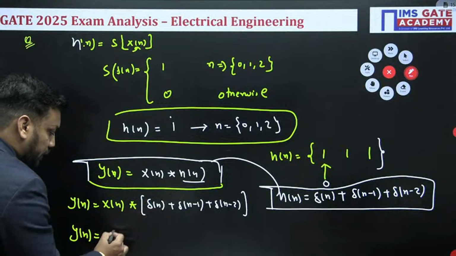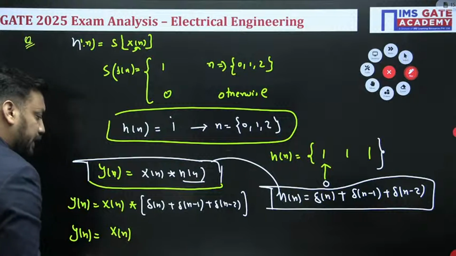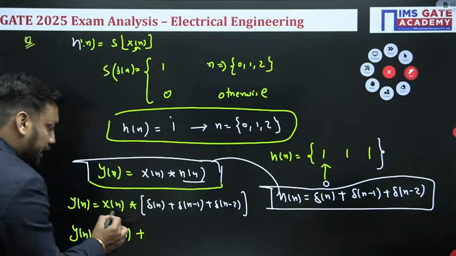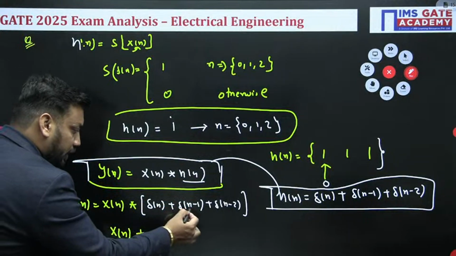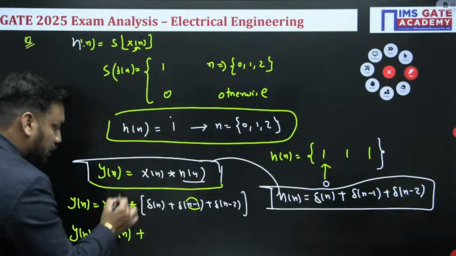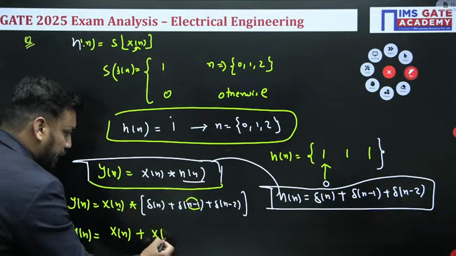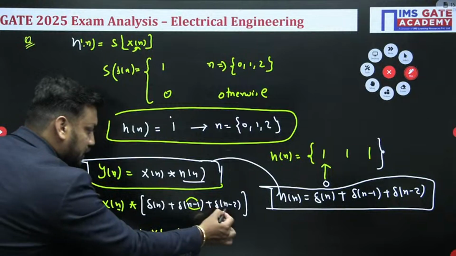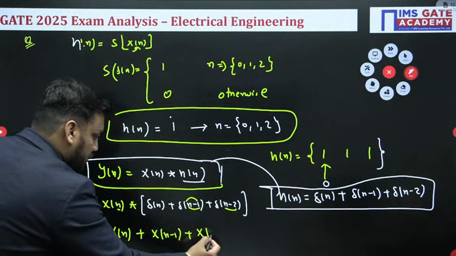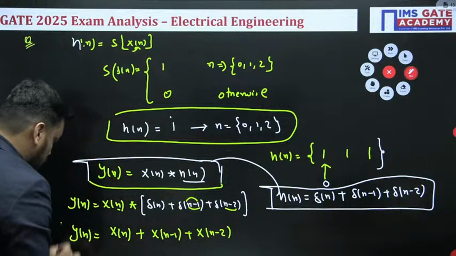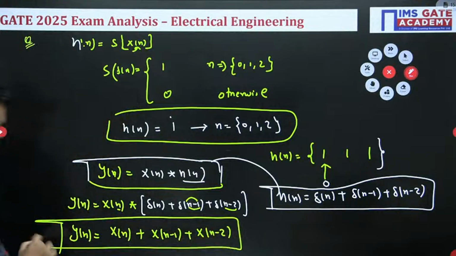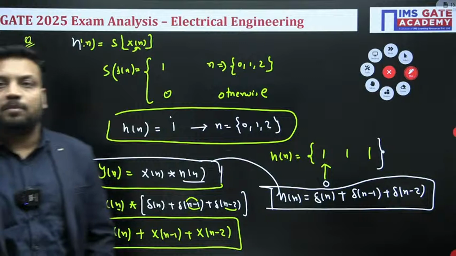When you open the bracket, you get x of n, plus x of n convolution with del of n minus 1, which is x of n minus 1 since it is shifted, and the last term with del of n minus 2 gives shifting again, x of n minus 2. This is the final expression given in the option, so this is the only correct answer. Can you please confirm this, beta?